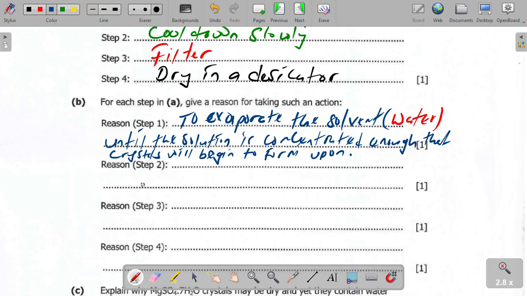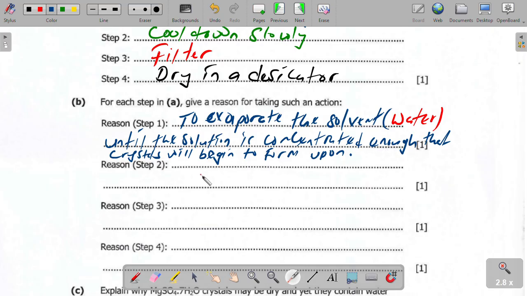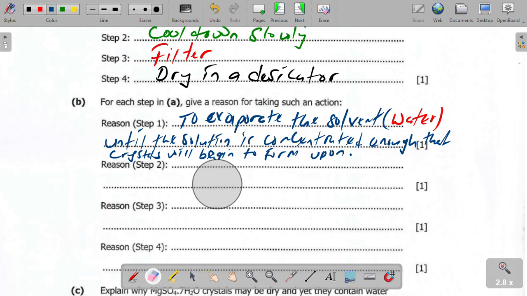Step 2, why are we cooling down slowly? The reason is simple as well.